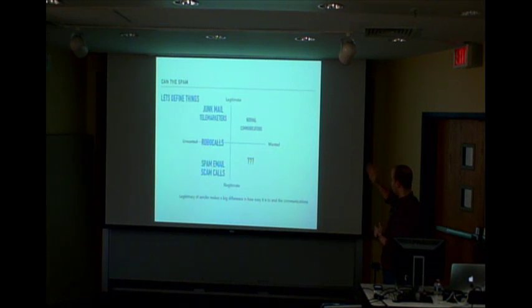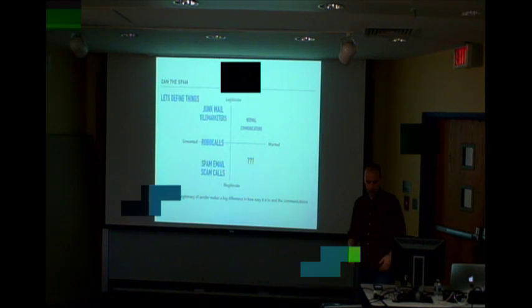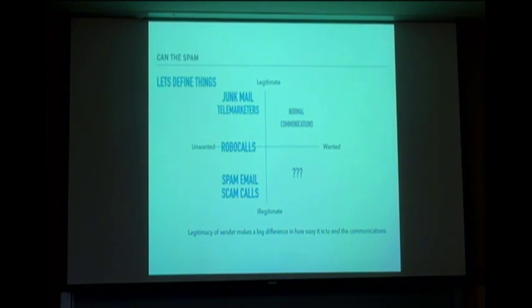So I did this graph with legitimate companies versus illegitimate companies or entities, and unwanted versus wanted communication, right? Over here, obviously, we have all normal communications, right? Your normal phone calls you receive from people, emails you expect to receive, personal emails, personal calls, personal postal mail.